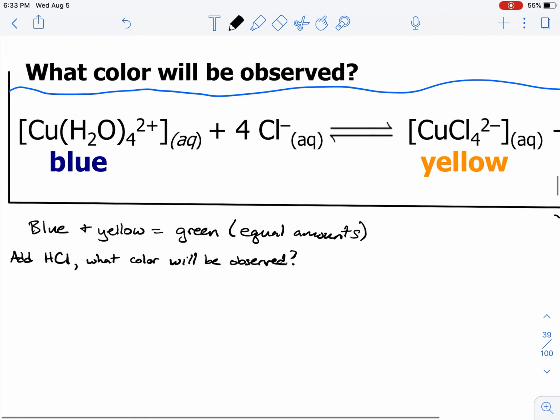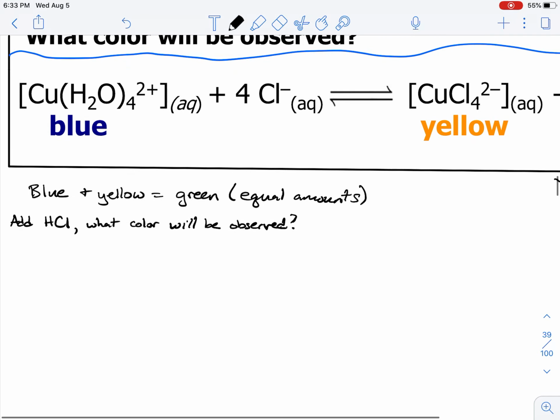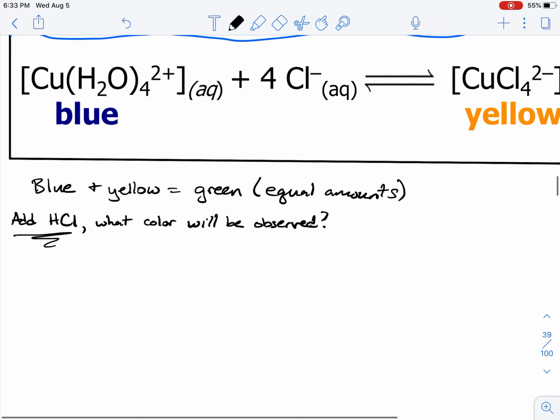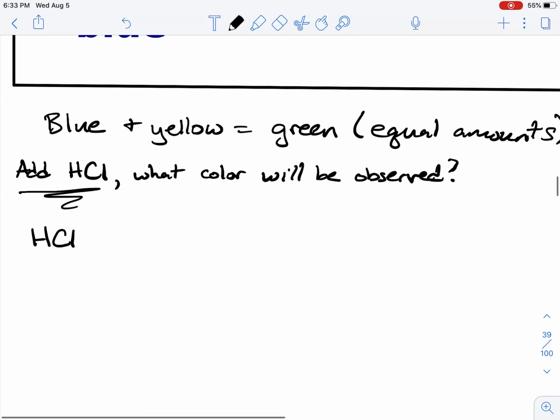All right, and so to better understand the addition of HCl, we need to recall or review our solubility rules. If you recall from the first semester of general chemistry, if you have some type of acid, the physical state of matter is going to be aqueous.